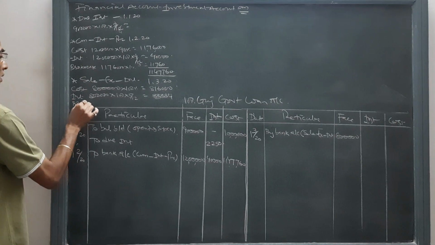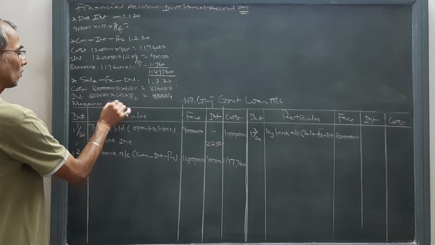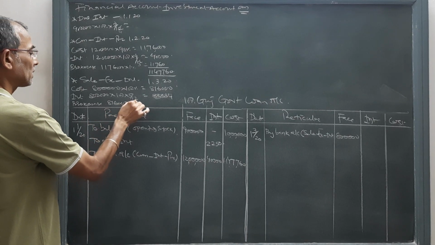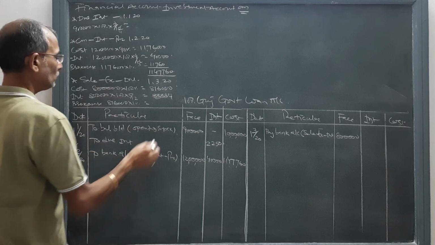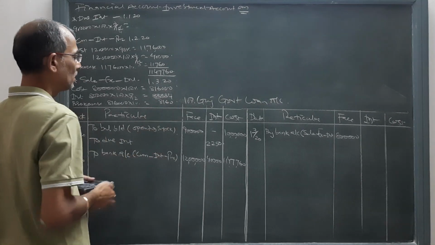Brokerage will be 1% of 8 lakh 16,000, that is 8,160.